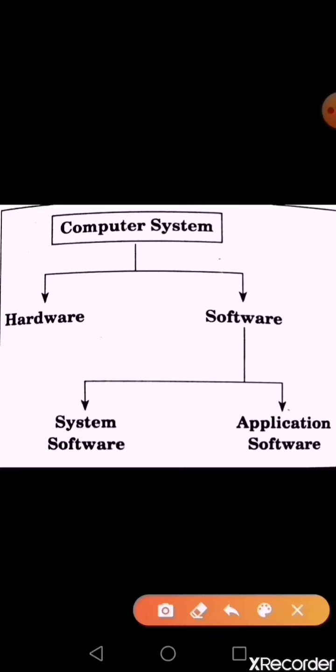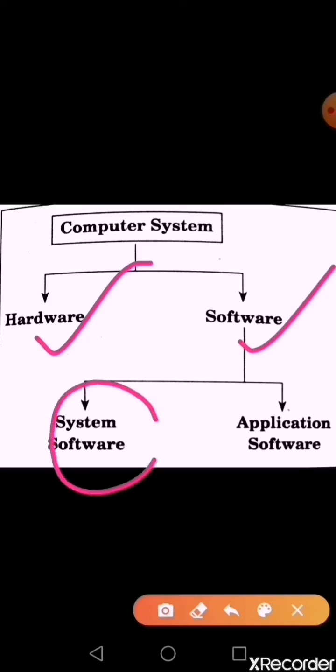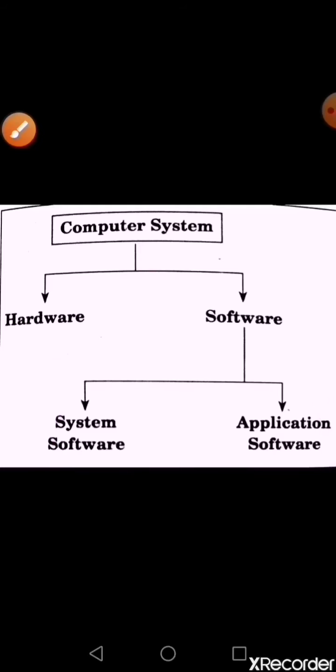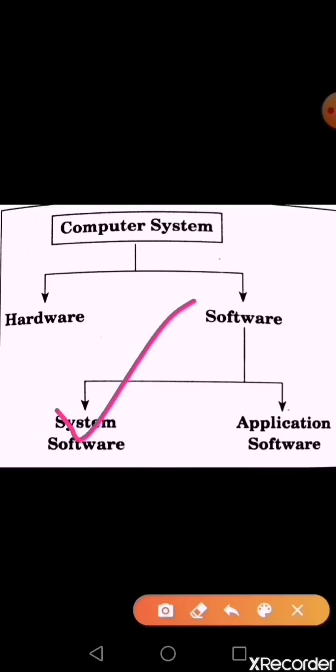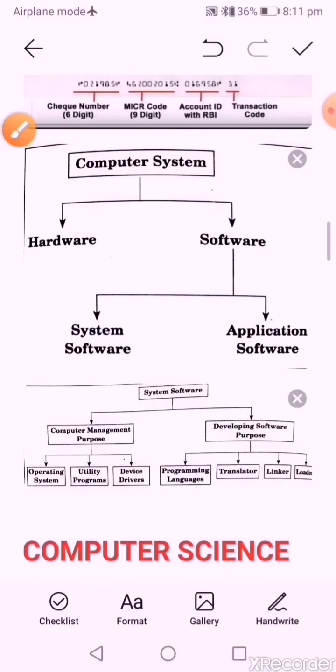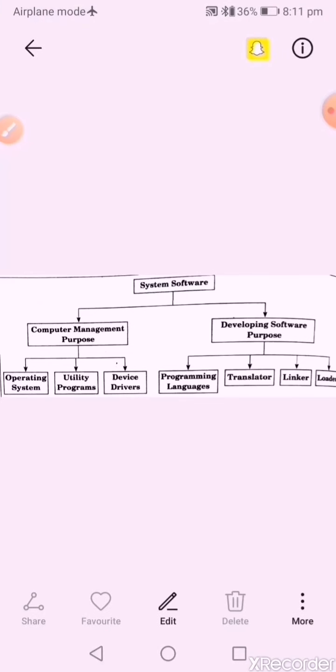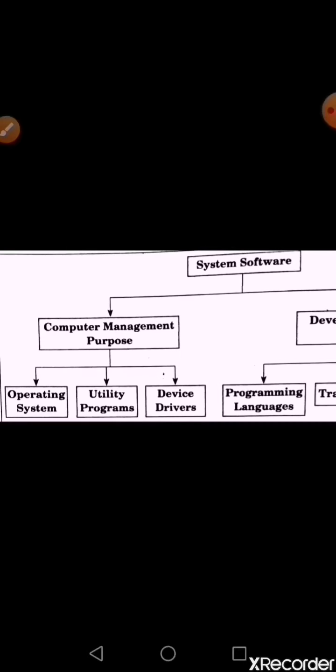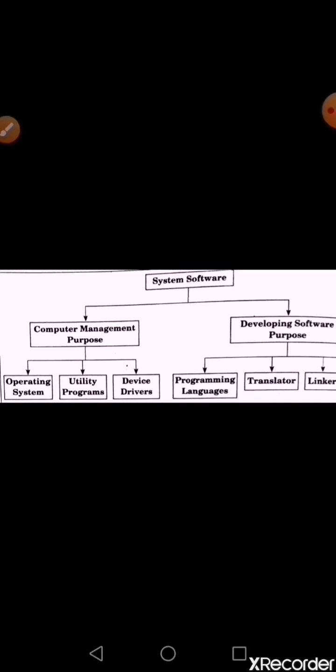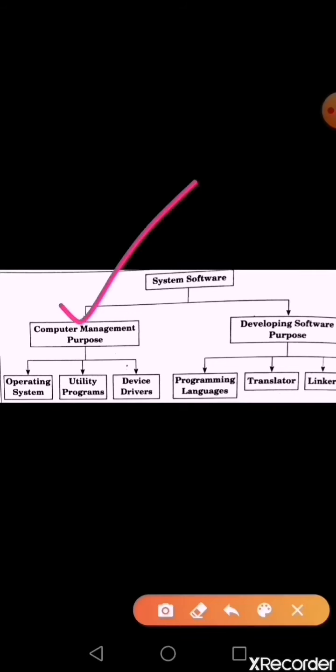Computer system has two major components, hardware and software. Software may be further divided into two groups, system software and application software. Operating system belongs to system software. As you see here, system software can be further classified into two groups: computer management purpose and developing software purpose.